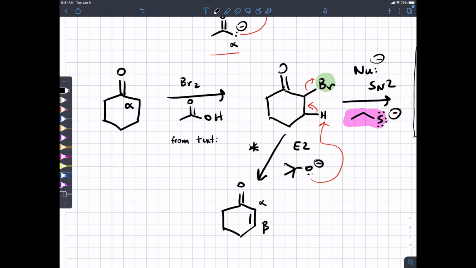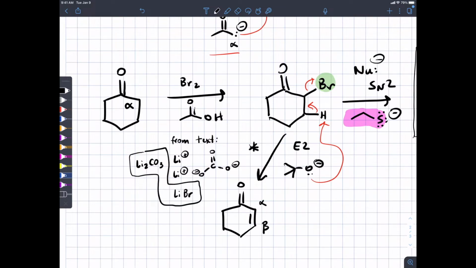The text uses a specific base called lithium carbonate, with two lithium counter ions, and it uses lithium bromide as an additive. The way you write lithium carbonate is Li2CO3. You'll see the text use this as a base anytime they want to do an E2 reaction with an alpha bromo ketone. Why are they doing that?